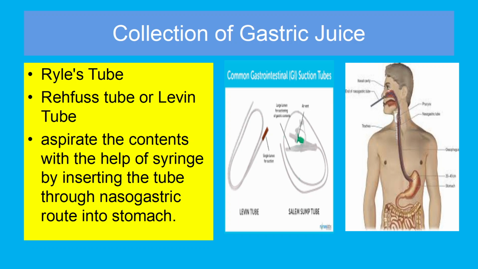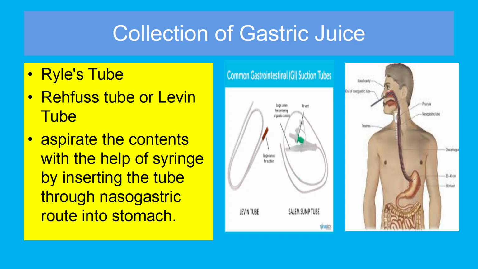Commercially there are many tubes available to collect the gastric content: Ryle's tube, Rehfuss tube, Levin's tube. These tubes are introduced into the stomach and aspirate the stomach content with the help of a syringe. Through the nasogastric route we insert the tube into the stomach.